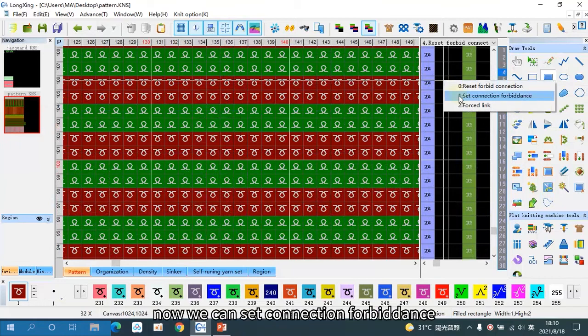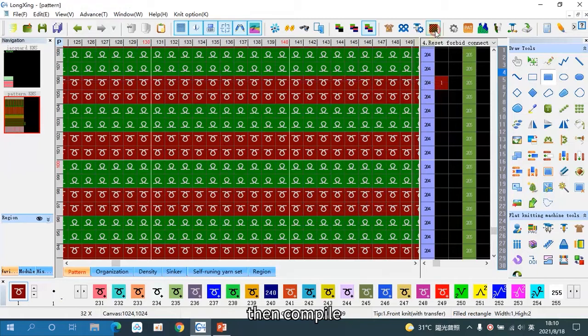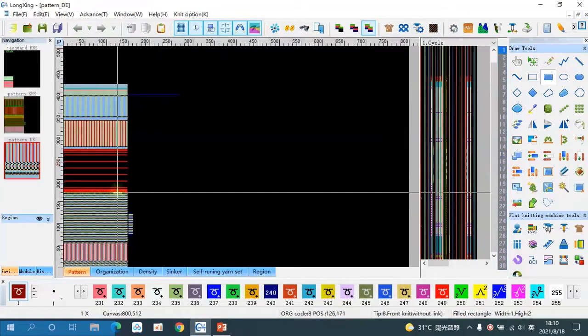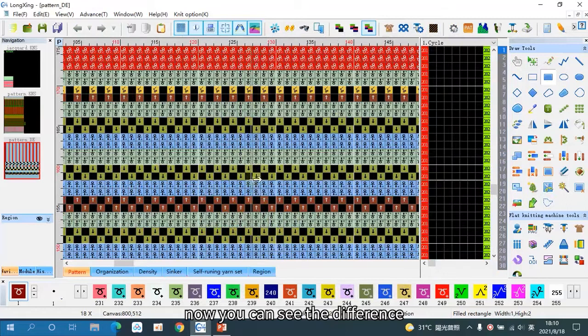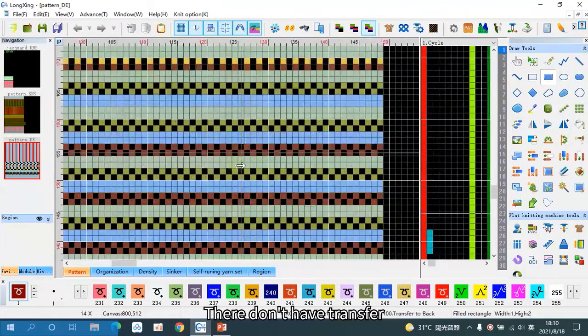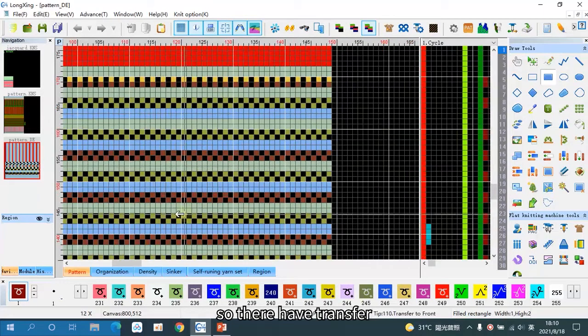Now we can set connection forbiddance. Then those lines won't transfer. Then compile. Now you can see the difference. There is no transfer here. Here, because we don't set connection forbiddance, there is transfer.